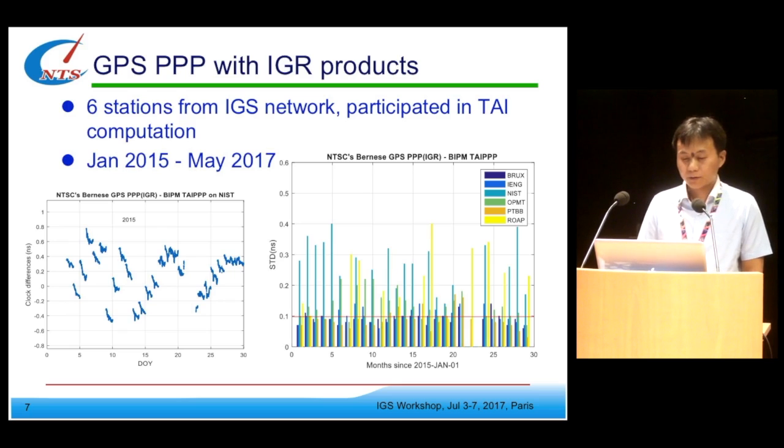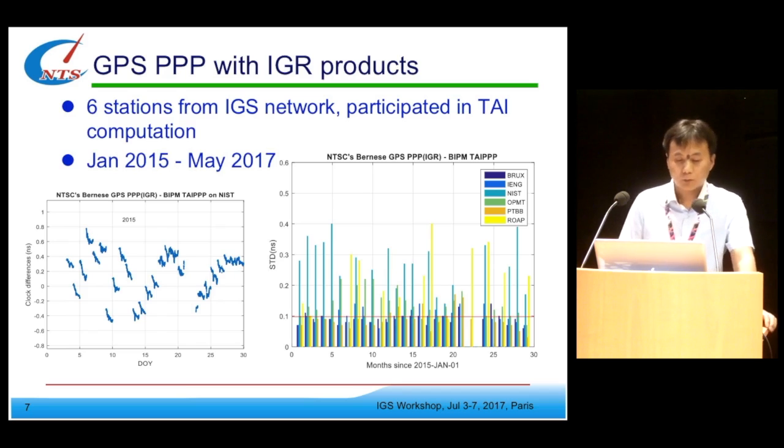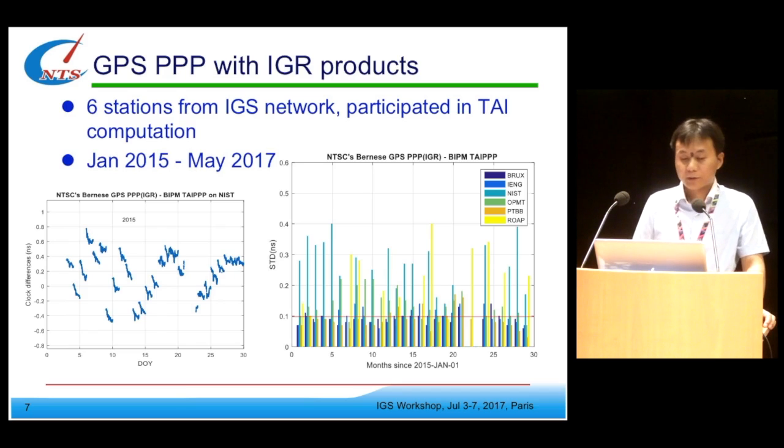But for the newest station, it has the worst result. We look at the time series of the newest station and see that there are some large daily boundary discontinuities in the time series, so we think this is the reason.